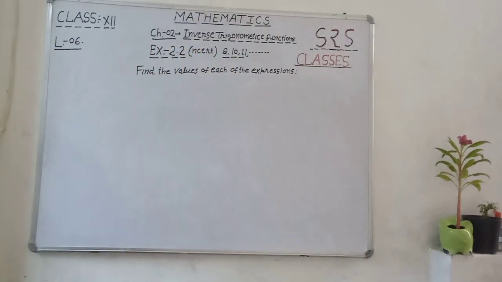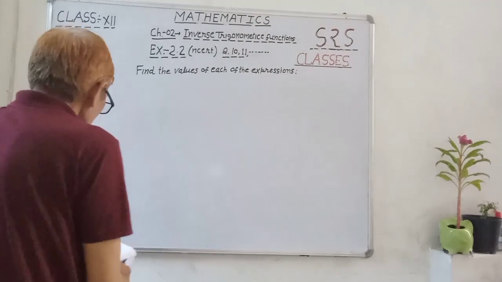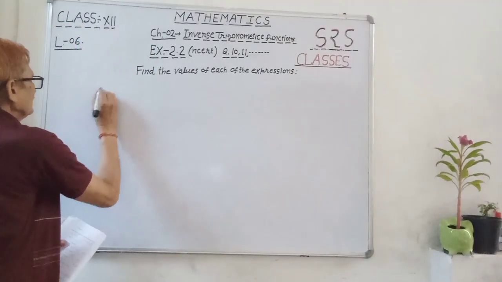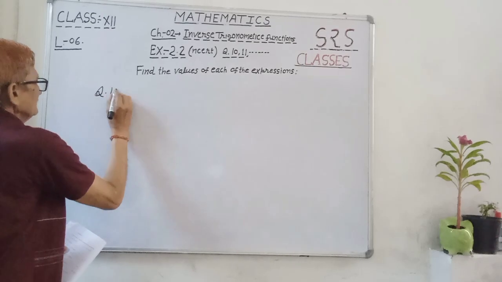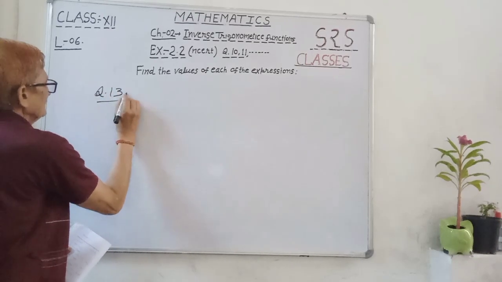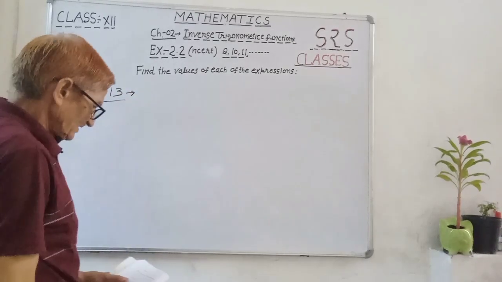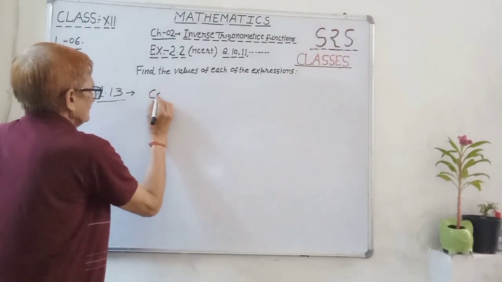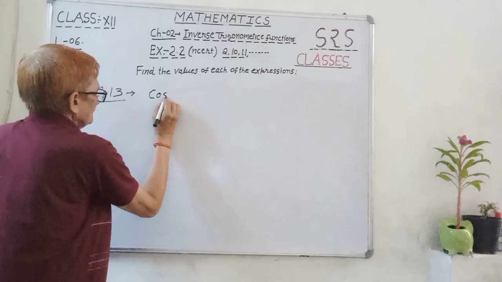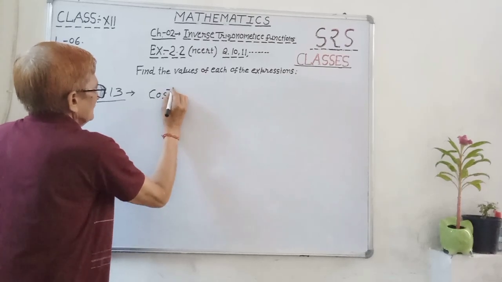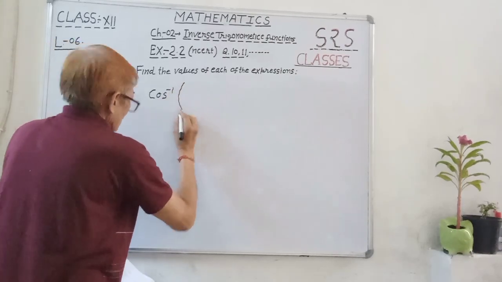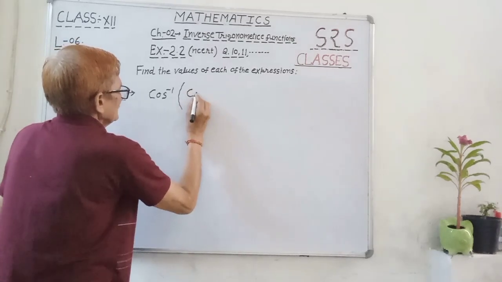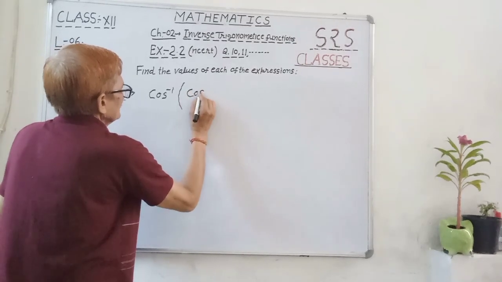Okay, now similarly question number 13, you can see question number 13. Yes, in question 13, cos inverse outside, now inverse cos 7 pi by 6.